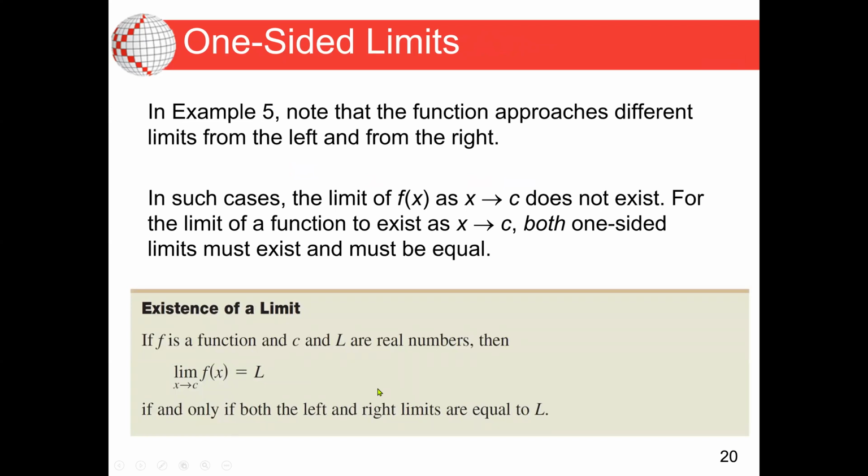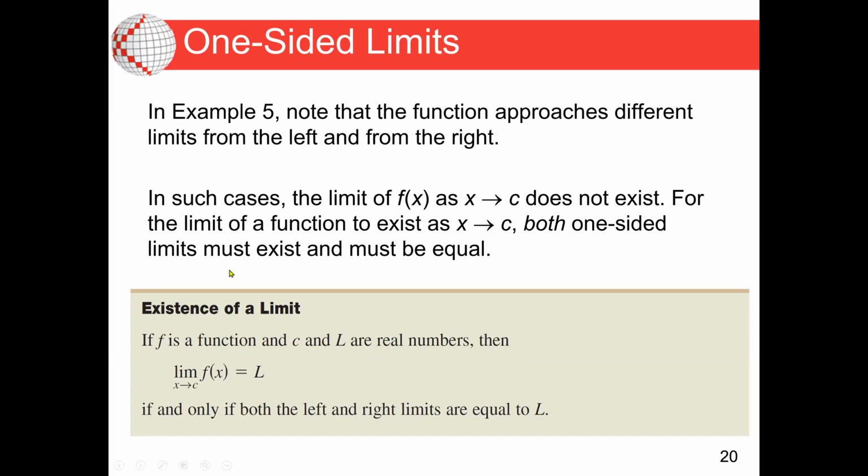So in example 5, we know that the function approaches different limits from the left and also from the right. In such cases, we can say that the limit of f(x) as x approaches c does not exist. And for the limit of a function to exist as x approaches c, both one-sided limits must exist and must be equal.